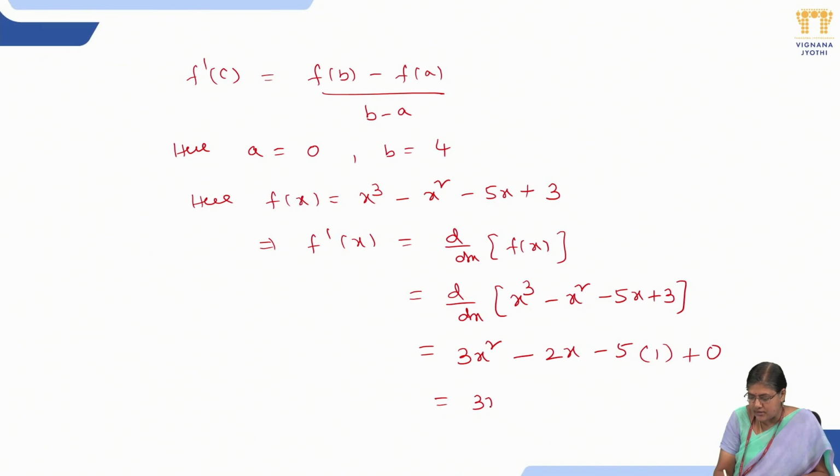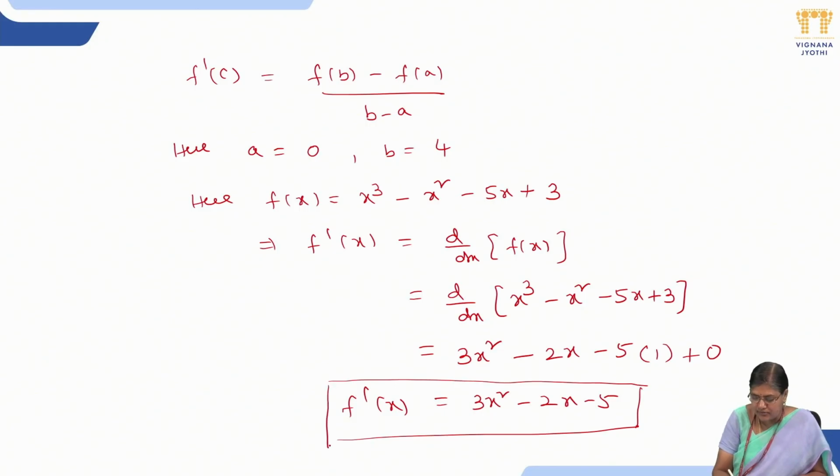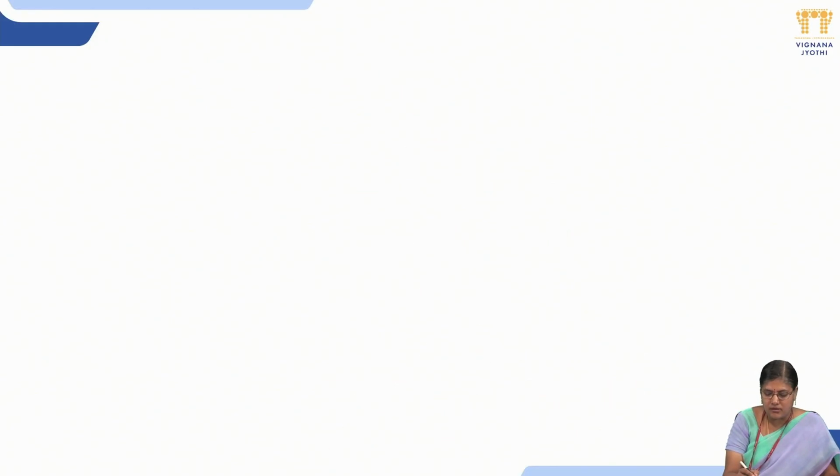That is equal to 3x square minus 2x minus 5. Therefore, f dash x value is 3x square minus 2x minus 5. Now, f dash c is equal to 3c square minus 2c minus 5. This will come by substituting x is equal to c in the previous step.